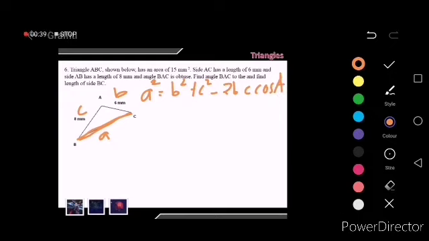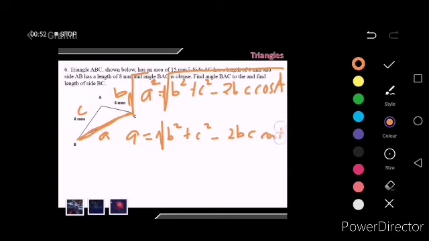Okay. If we will get the square root of both sides of the equation, we'll have A equals square root of B squared plus C squared minus 2BC cosine A. At yan na yung formulang kailangan natin.